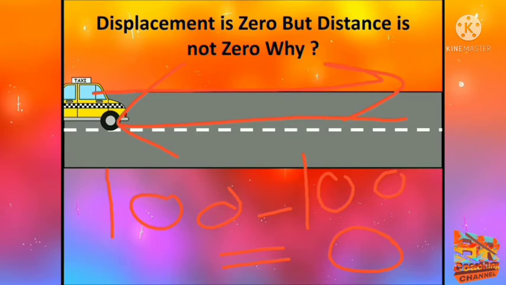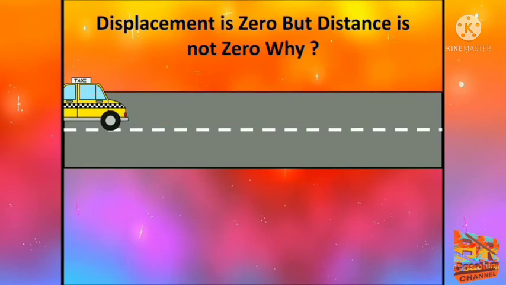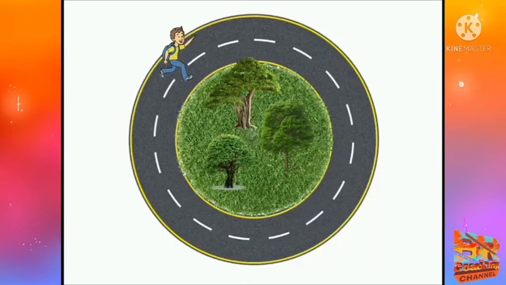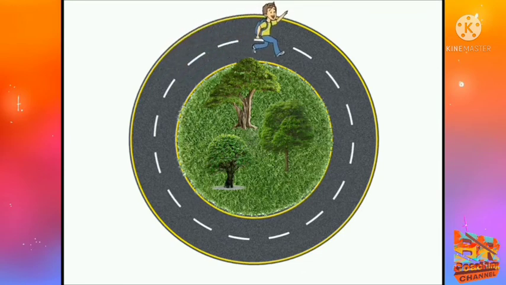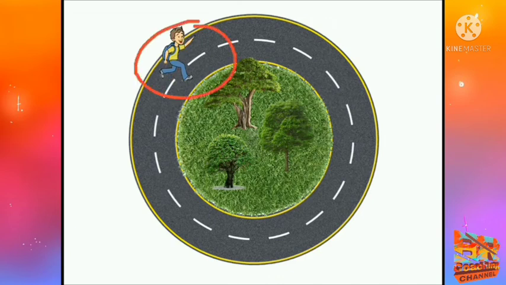Now in a circular motion we will observe what displacement and distance are, my dear children. See, I am showing you here a boy standing on a circular road, a ring road. He is running in the clockwise direction and reached the same point where he started. So now the starting point and ending point are the same. Let us assume that the length of that circular road is some 100 meters.